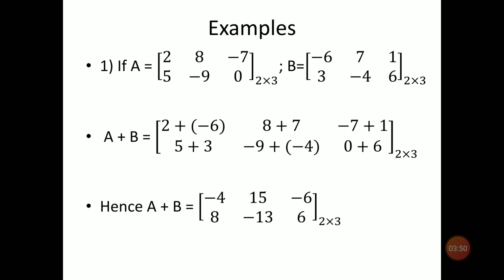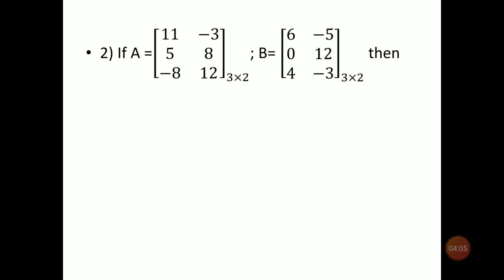In this fashion we get the matrix A plus B, which is the addition of two matrices A and B. And here obviously observe that A plus B is also of the same order, that of 2 cross 3.